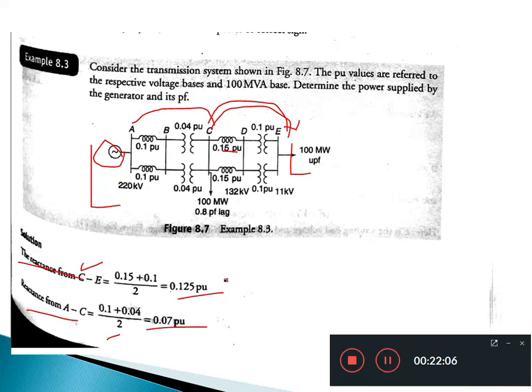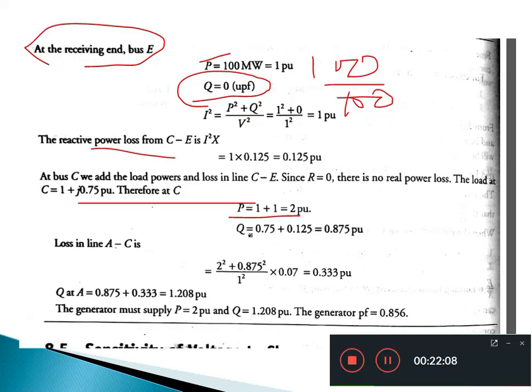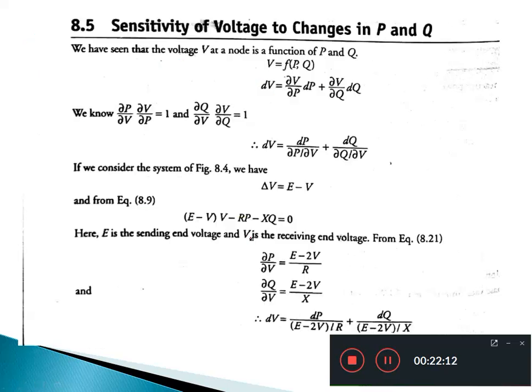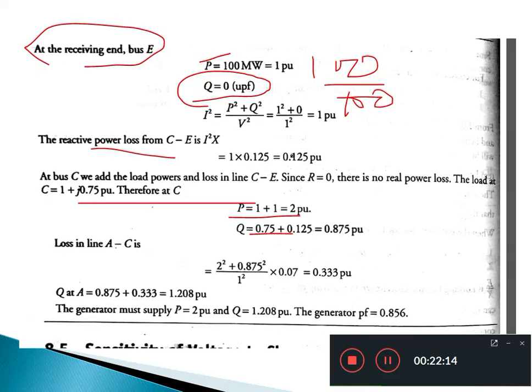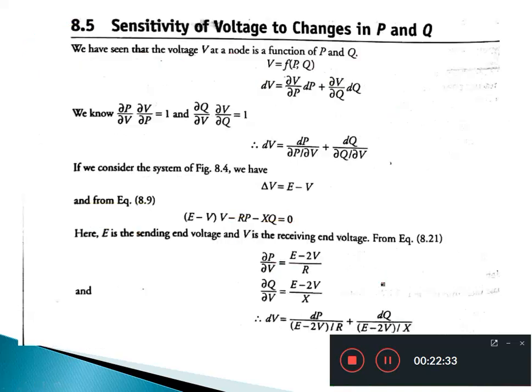Then reactive power is 0.75 plus 0.125. 0.125 is already calculated as the reactive power loss, and 0.75 is the load power. Find the Q. Then the losses in the line A to C are P square plus Q square divided by V square into 0.07. So we will get this equation.